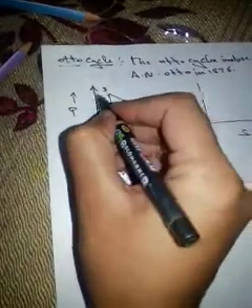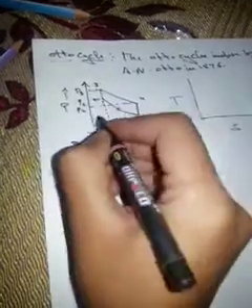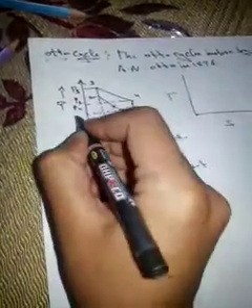And the pressures are P2, P3, P4, and P1. It is the PV diagram.